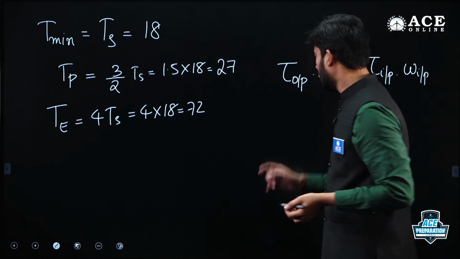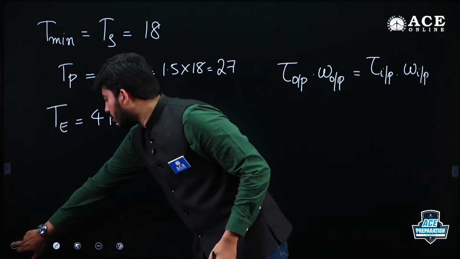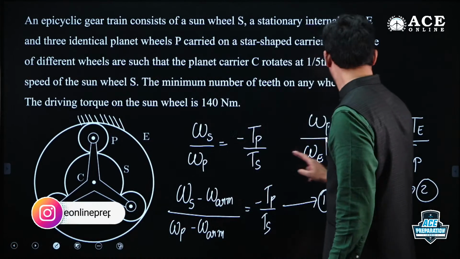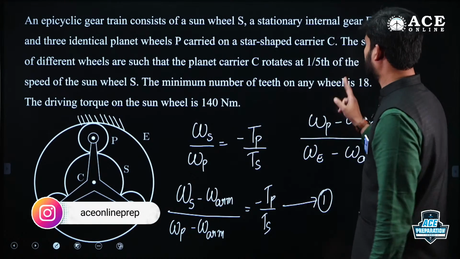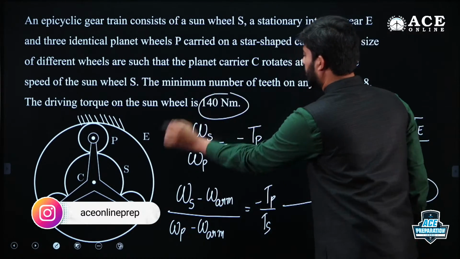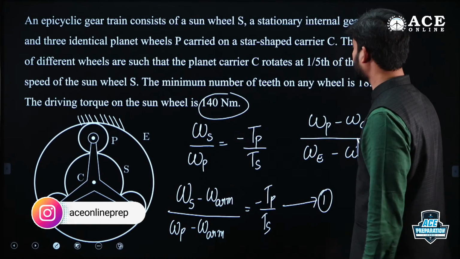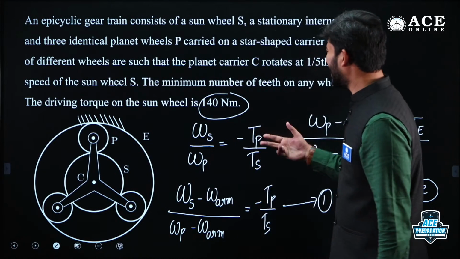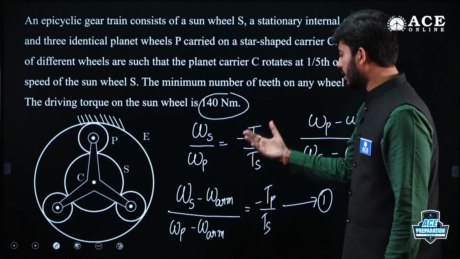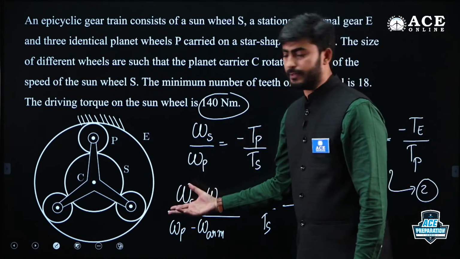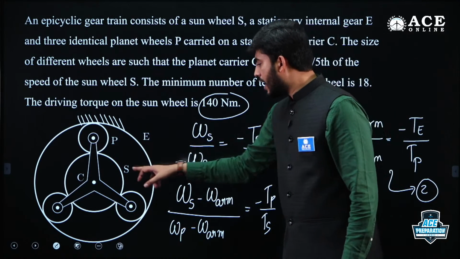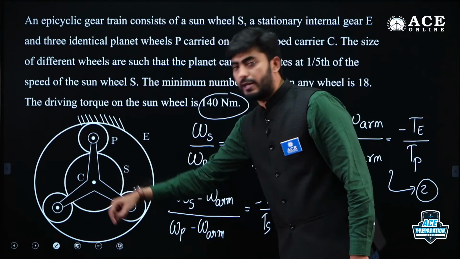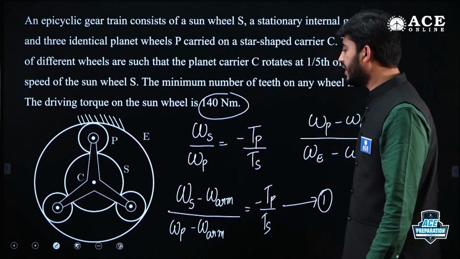Guys, torque at output is not known, but input torque is known to me. How much is it? 140. And what else is known? We can express the ratio because omega arm is the output here. We are fixing the E wheel and giving the input to the sun, and the output will be at the arm.